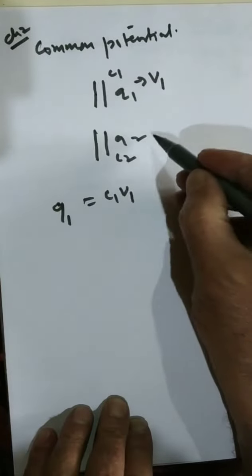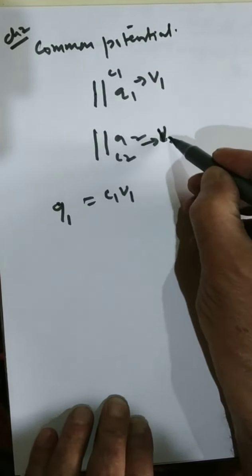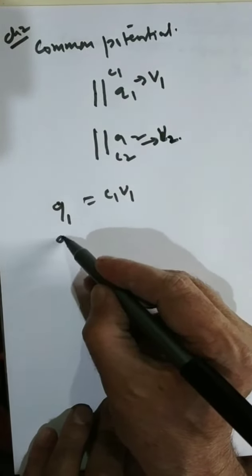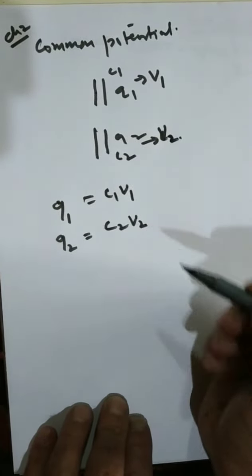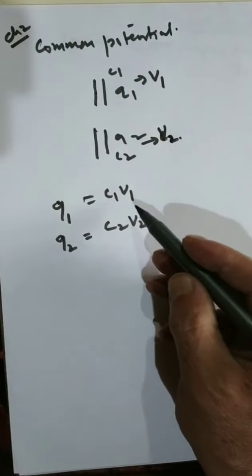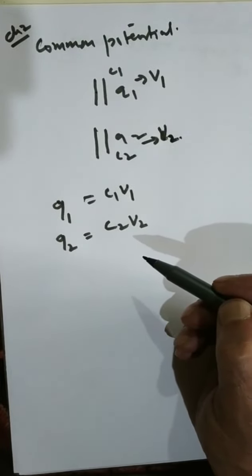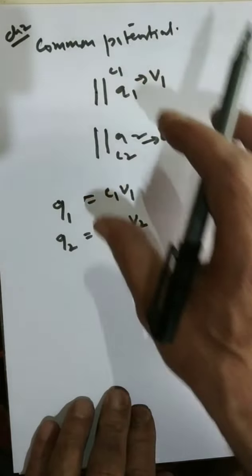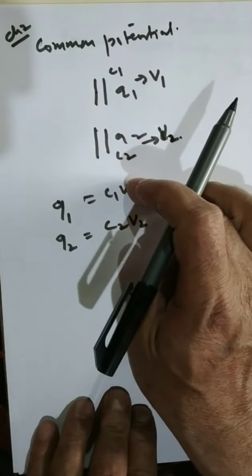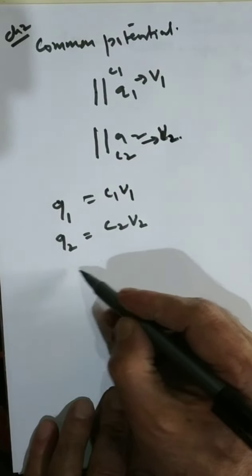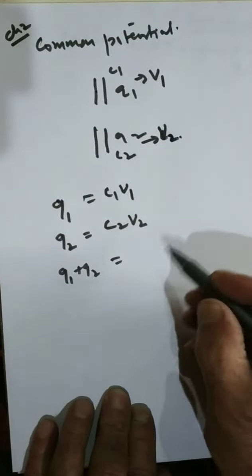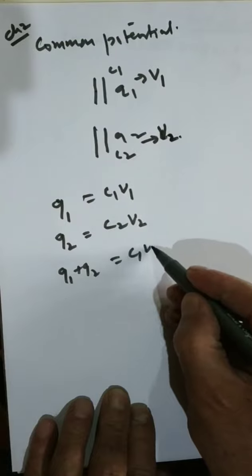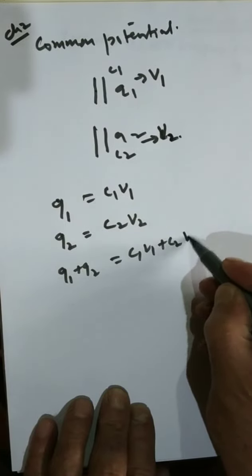Now let this potential be V2, then charge on it will be Q2, that will be C2 V2, applying the formula Q equal to CV. Now total charge when they are separate, they are not connected, we get total charge which is equal to Q1 plus Q2, that will be C1 V1 plus C2 V2.